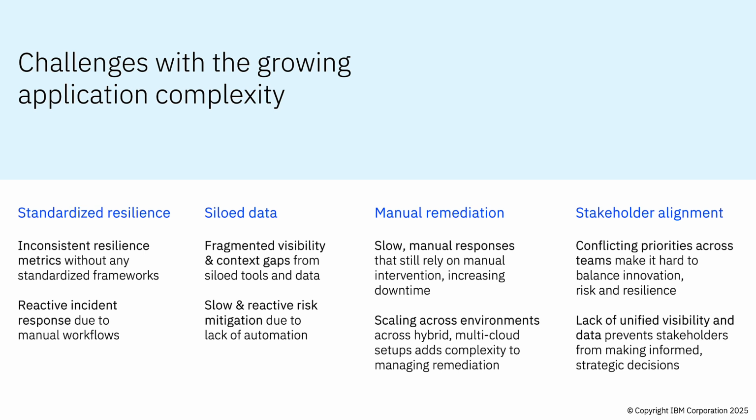Each tool, whether it's for application performance, network monitoring, logging, or ITSM, only shows part of the picture. For example, your network tool might say everything's fine, but your ITSM system is flooded with user complaints. Without context, it's hard to connect the dots.